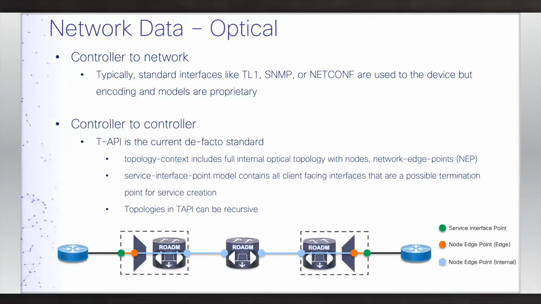That's really the key in making this interoperable and being able to build a multi-vendor open SDN architecture. Like I said, TAPI is the de facto standard. There's a number of models that are used to describe both the hardware as well as the topology that's created, as well as the services that are created over that. So like I said, it's quite rich today in what they've built. And like I said, there's a number of implementations of it already.